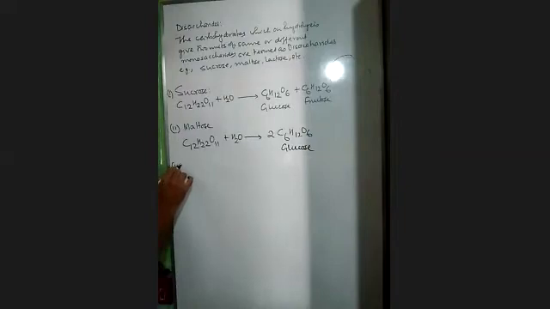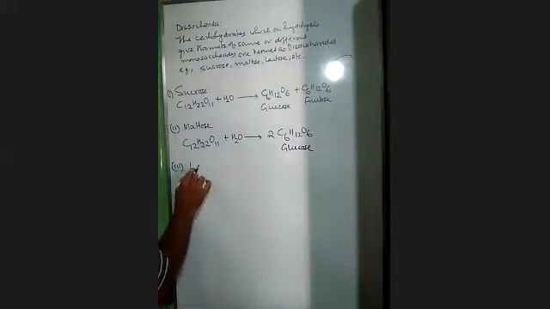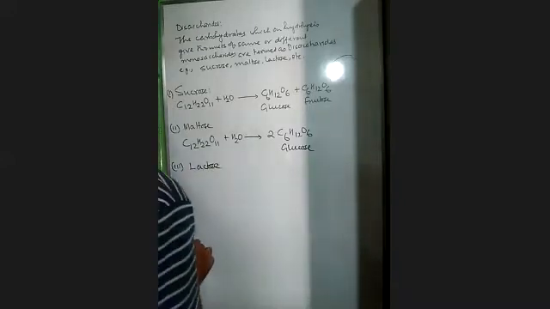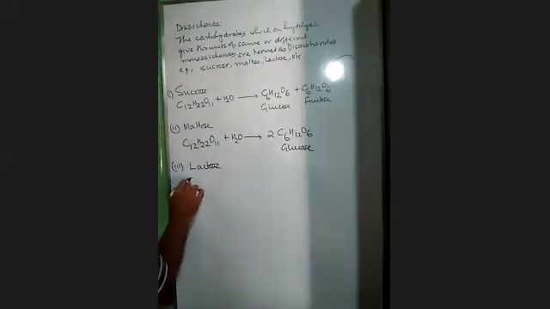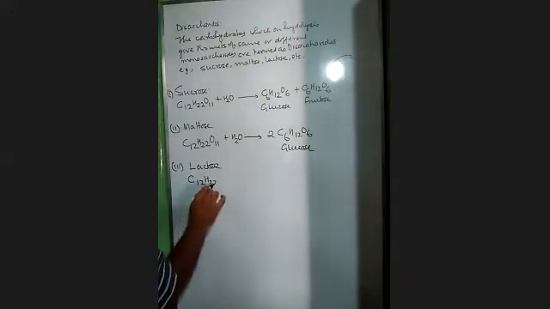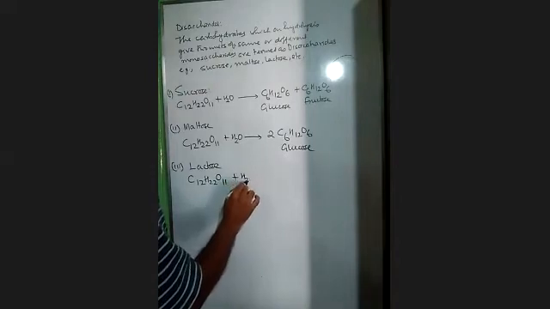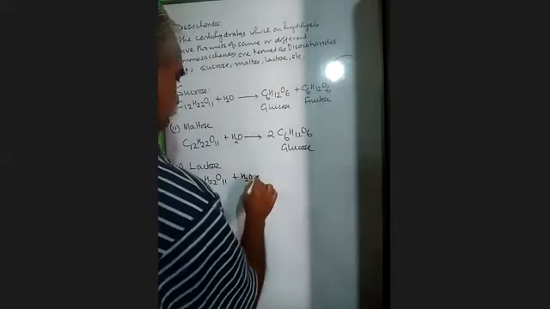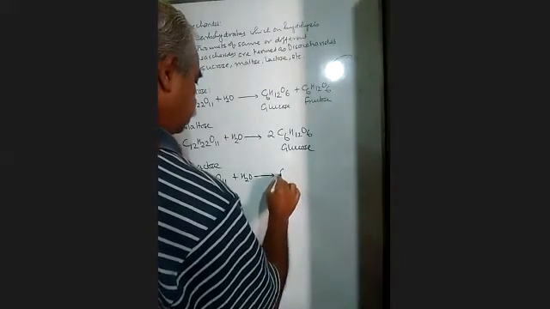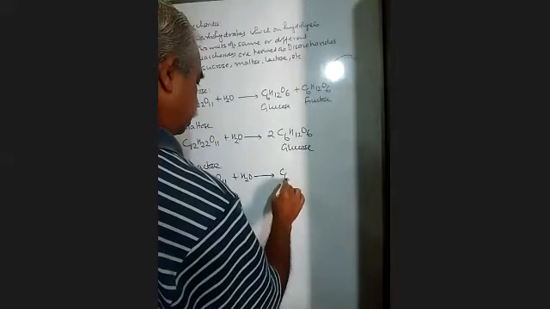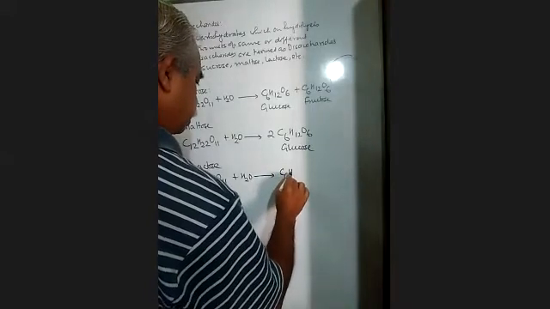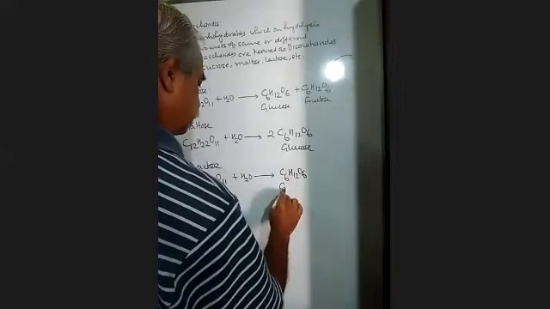Third, lactose. I told you, lactose is called milk sugar. So C12H22O11 plus H2O. It gives you C6H12O6.